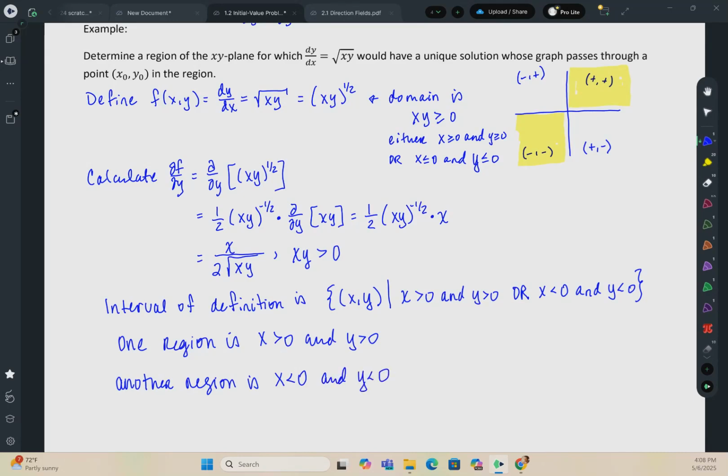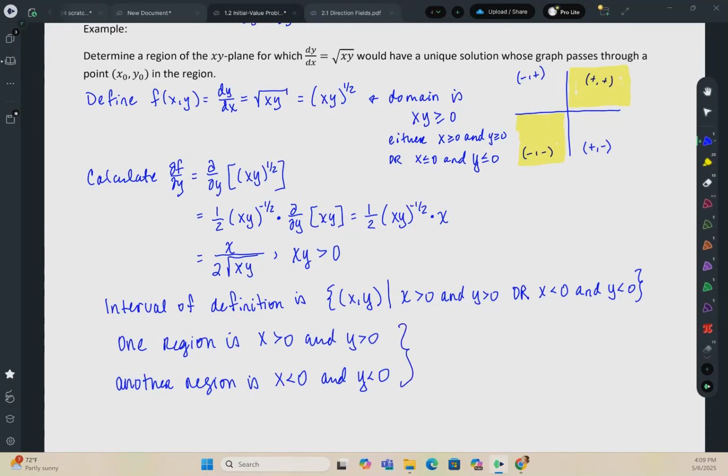I can't do intervals because there are two variables involved here. And if I start writing interval notation for either one of them, I lose the information of which variable I'm talking about. So I have to use an equality notation here. But that's it. One or the other of these regions would work. And if we knew a particular initial value, we would be able to determine which region it is in.